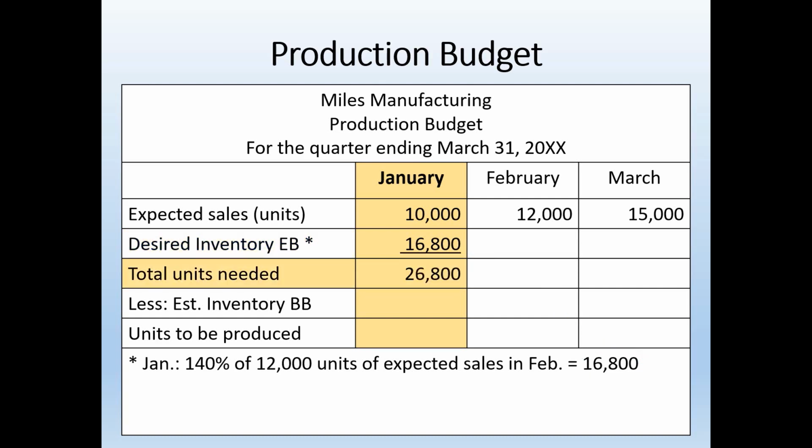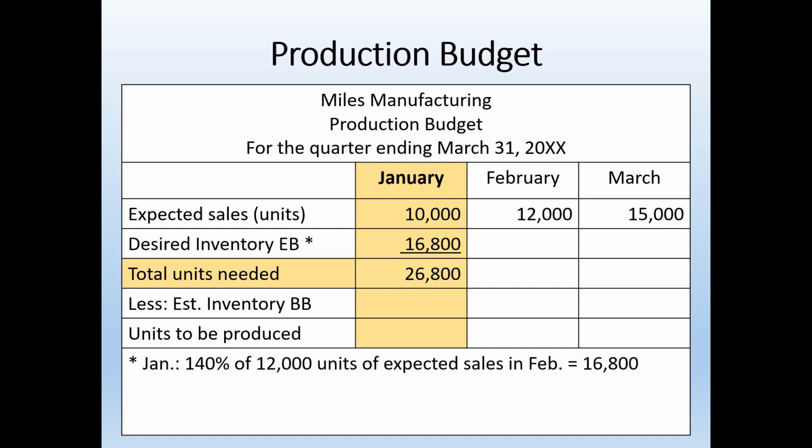If we add the total number of units that we expect to sell in January, plus the units that we want to have left over at the end of January going into February, that gives us the total number of units that Miles Manufacturing needs to have. But they don't have to make all of these units because they expect that they will end the previous December with units already in the finished goods inventory.